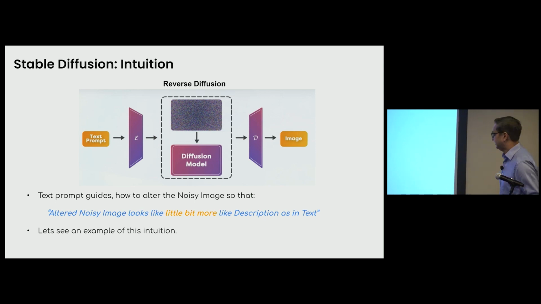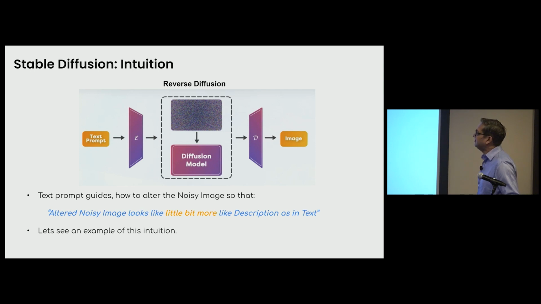So we have a text prompt. We take that text prompt and encode it into some form. And that form is some sort of latent representation. It's just a fancy way of saying it's a vector of different length representing the same information. It's a mathematical way of saying we encoded it into a different form.